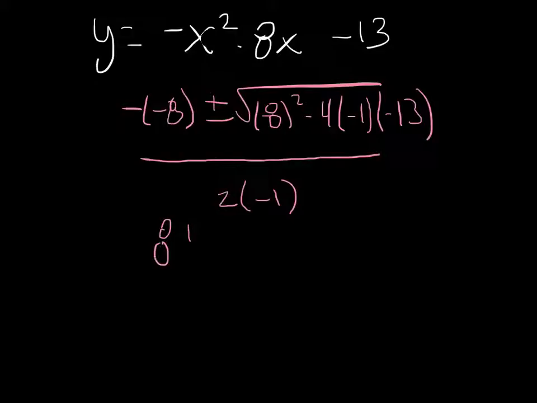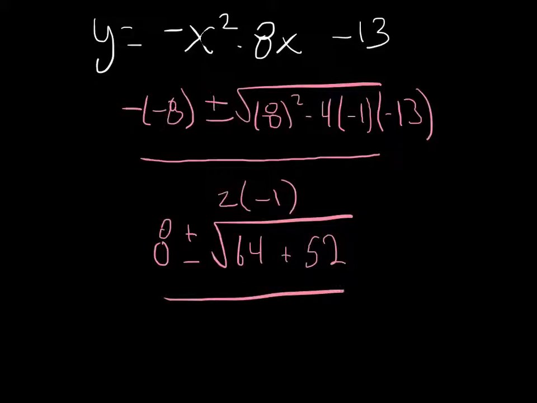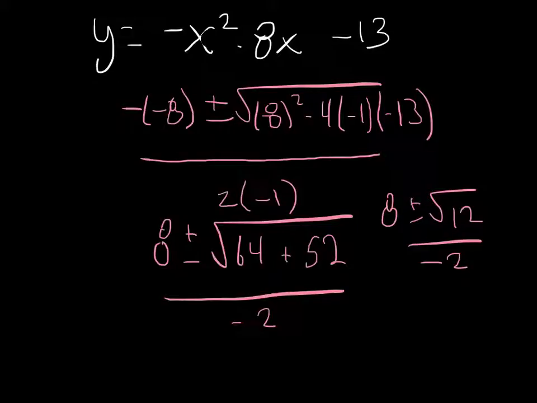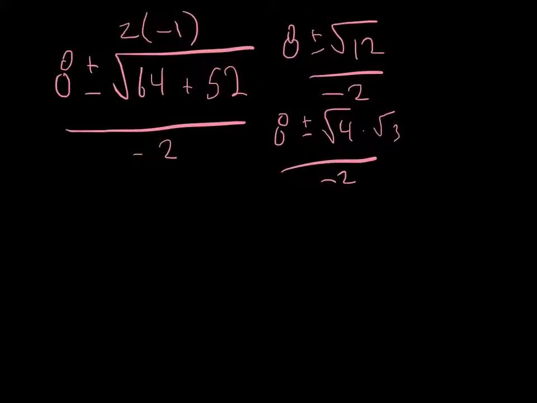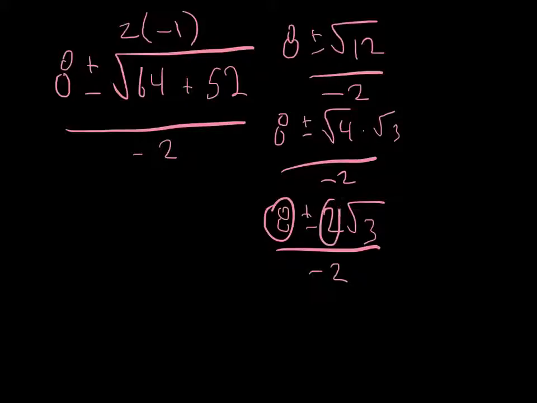So then simplifying, we have 8 plus or minus square root of 64 plus 52 over negative 2. And then that's 8 plus or minus square root of 12 over negative 2, which can be simplified further. 8 plus or minus square root of 4 times square root of 3 over negative 2, which of course reduces to 8 plus or minus 2 root 3 over negative 2, and these all have negative 2's as factors.